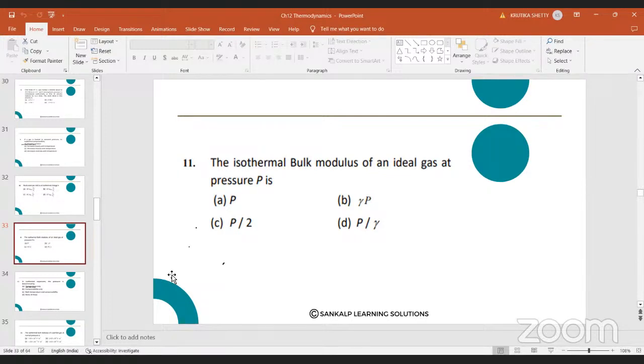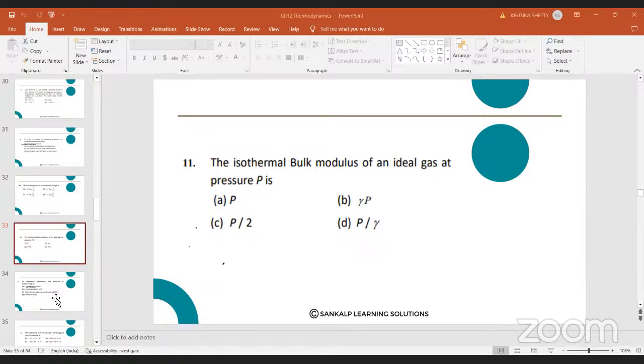For an ideal gas, the isothermal bulk modulus is the same, that is P itself. Option A is the correct one here. So everyone, option A is correct. Next question.